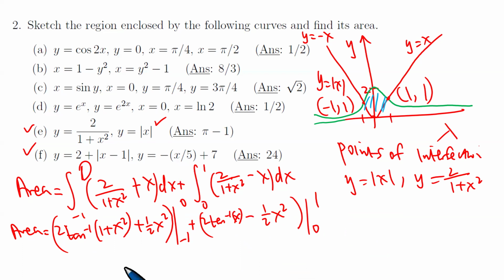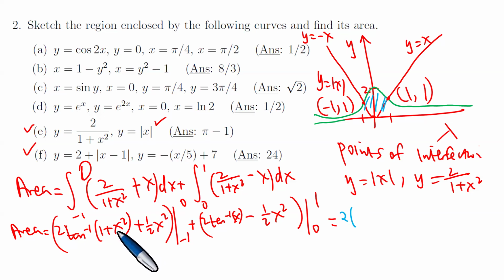So we just need to calculate this one. If you substitute straight away and plug in the x, the 0, then it's going to be arctan 1.